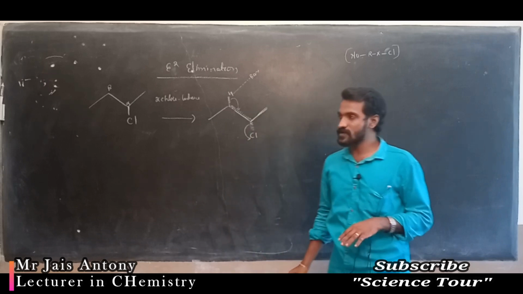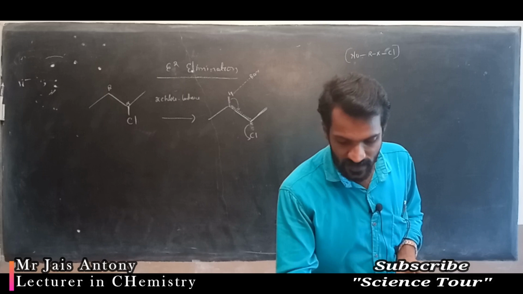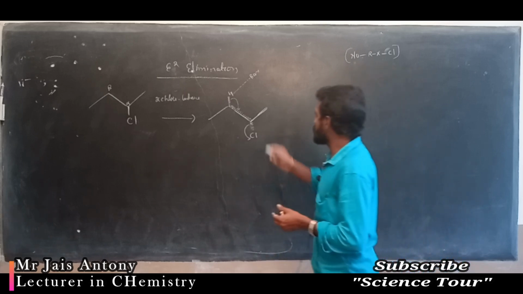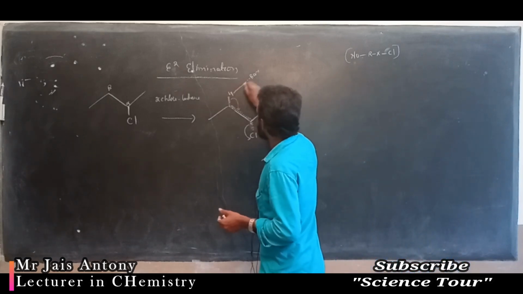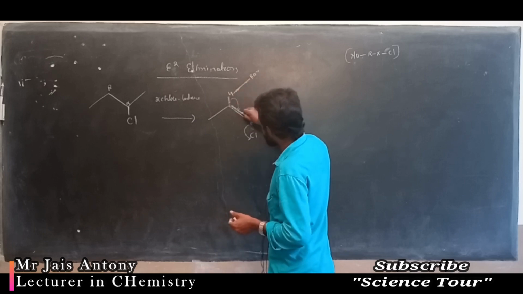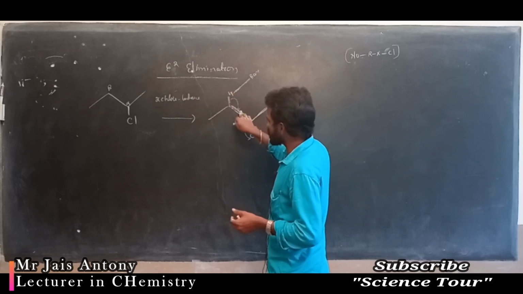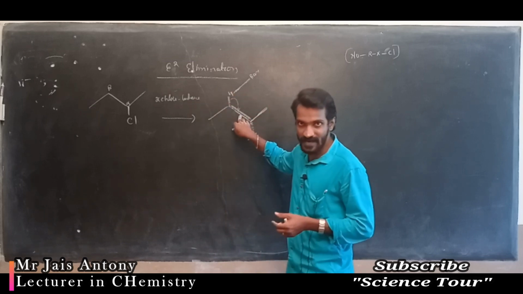I will use different chalk for writing this. Here bond formation takes place, here also bond formation takes place, here bond breaking, here bond breaking, this bond breaks and it forms a bond here, correct?